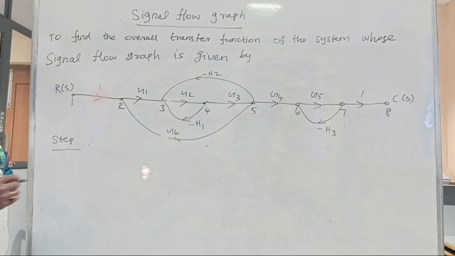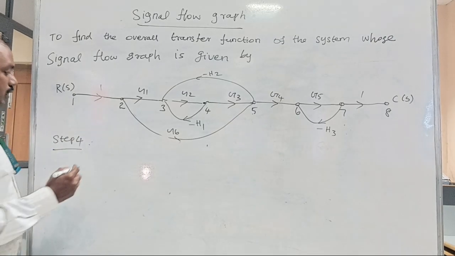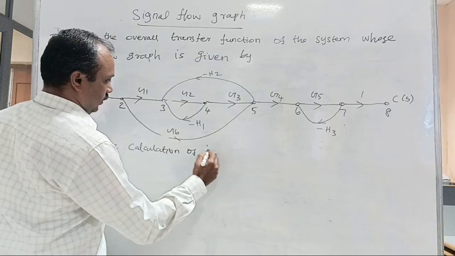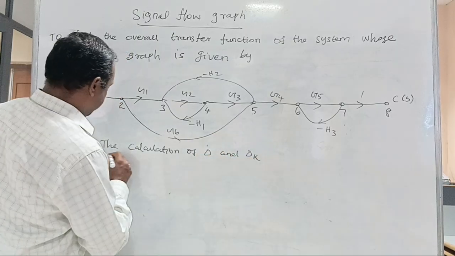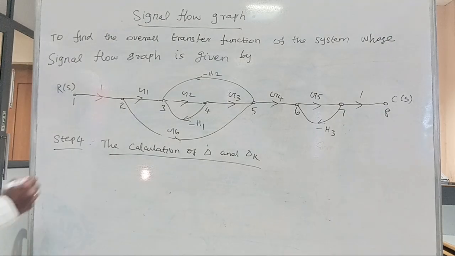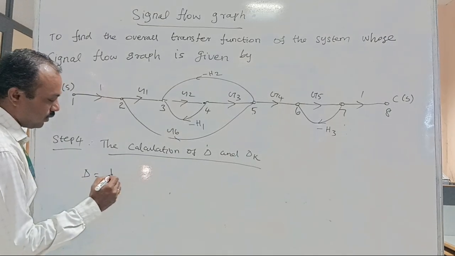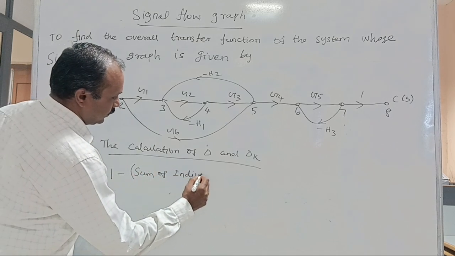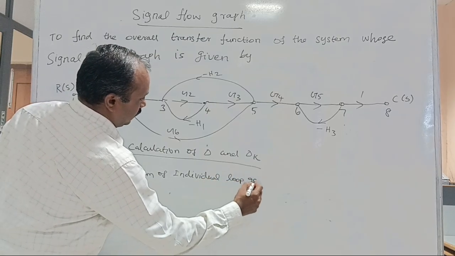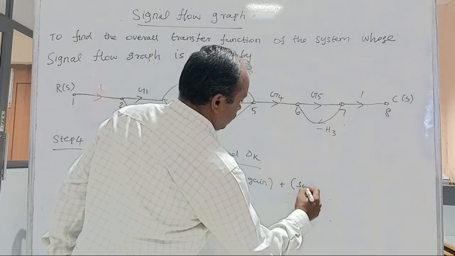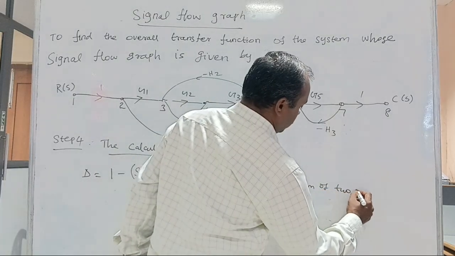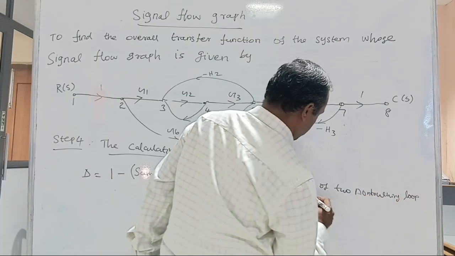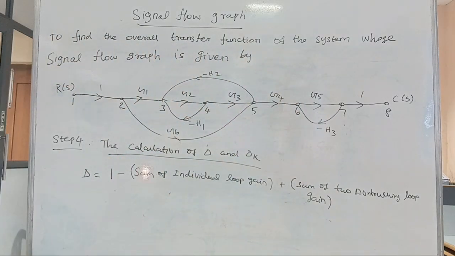Next step is the calculation of del and del K. The formula for del is 1 minus the sum of individual loop gains, plus the sum of two non-touching loop gains.